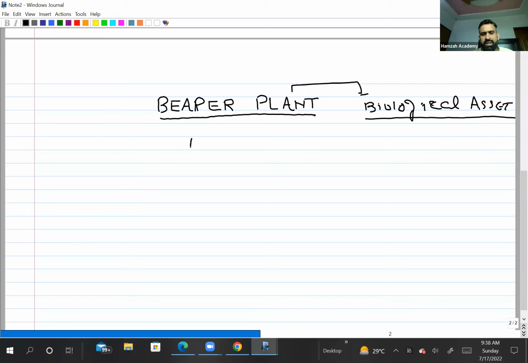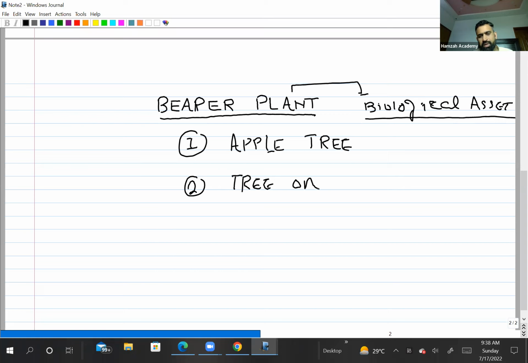So the example of bearer plant is apple tree, tree of mango, tea plant, a tree of a date, and so on.